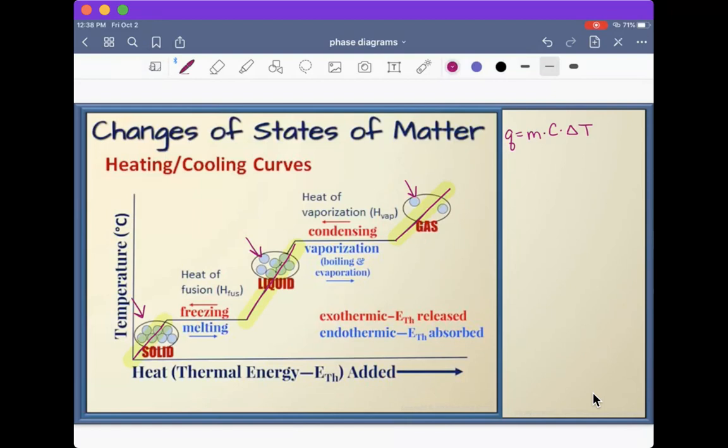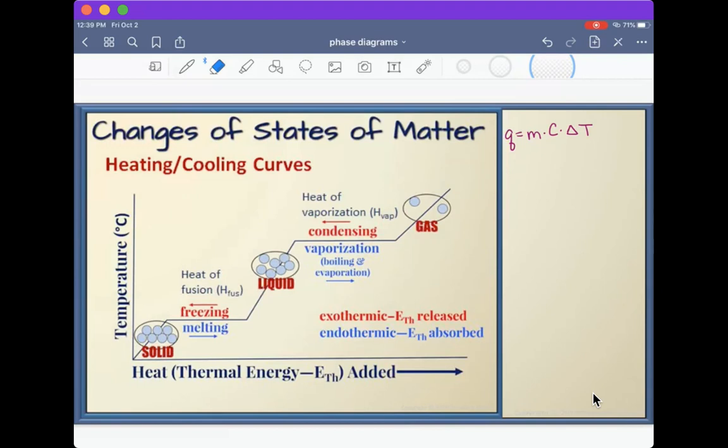So the main thing to understand here is that the heat being applied is being used to raise the temperature of the substance. So in each of those areas, that's what is occurring. As we're adding heat in the inclined portions of the graph, we are using that to raise the actual temperature of the substance.